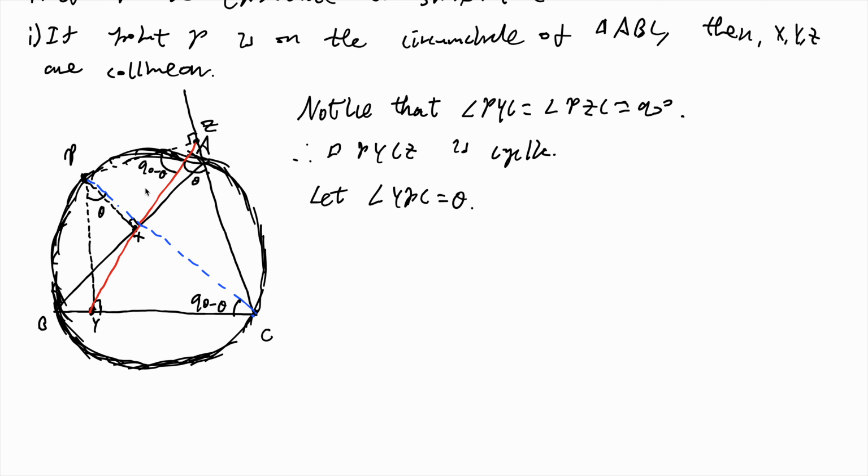We don't know if this is 90 minus theta yet, because we don't know that the red one is a straight line. We don't know if these 3 points are collinear yet. Then how should we continue?